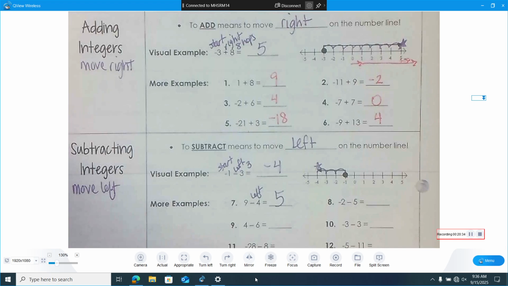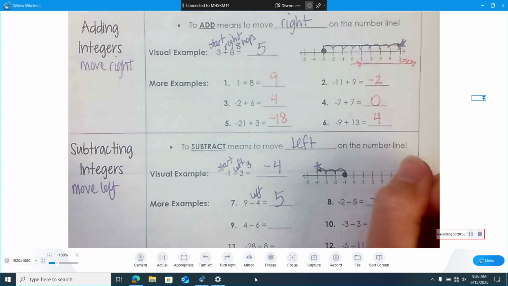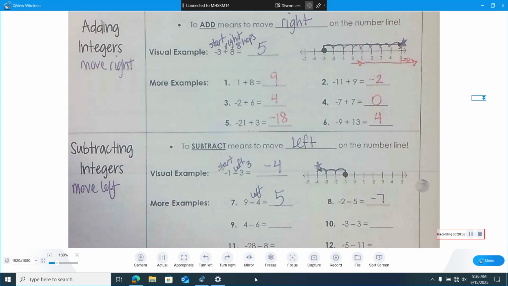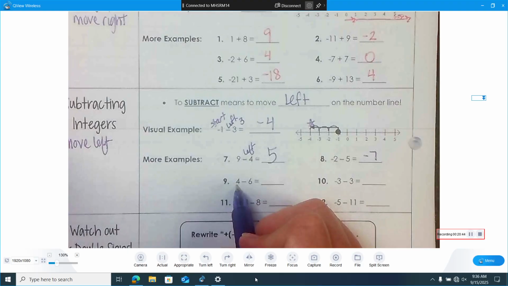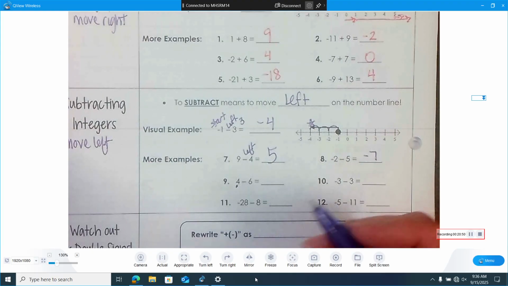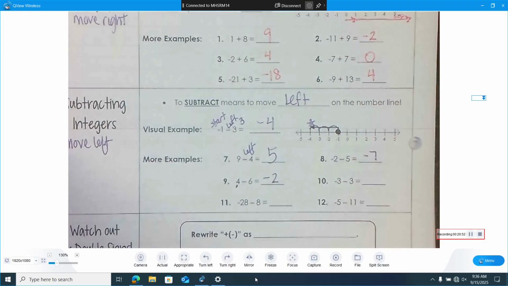Where do we end up? -7. Very good. On number 9, I'm starting at +4, and I got to move left 6 spaces. Where will we end up? -2. Very good.